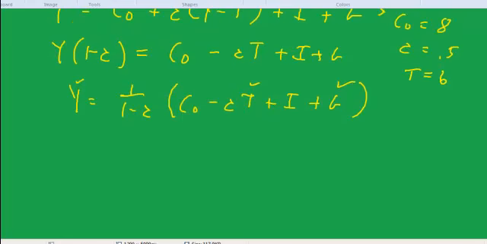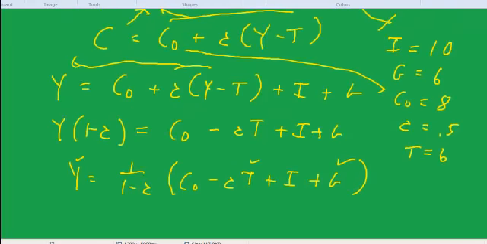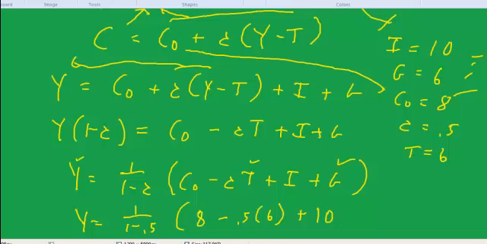Here's our equation. y is equal to 1 over 1 minus 0.5, times 8 minus 0.5 times 6, plus 10 for I, plus 6 for G. I'm just plugging in the numbers.